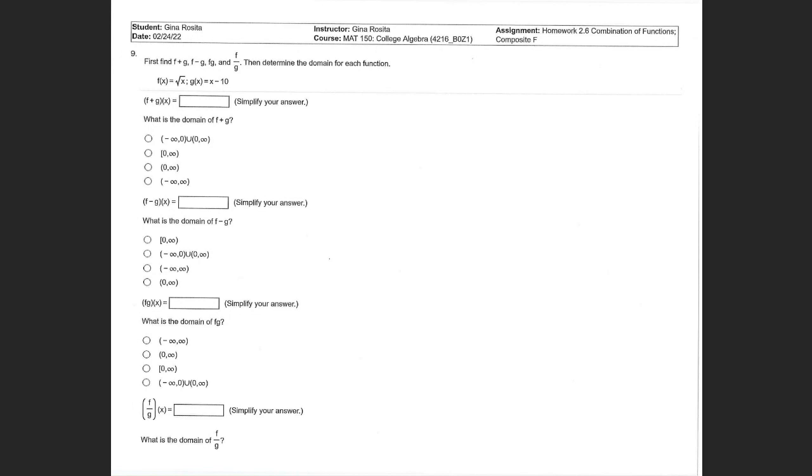Remember, I write down the definition here: f plus g of x equals f of x plus g of x. So the answer becomes f of x, square root of x, plus g, which is x minus 10.